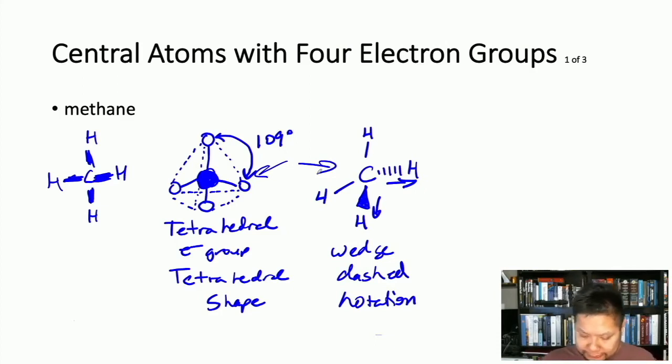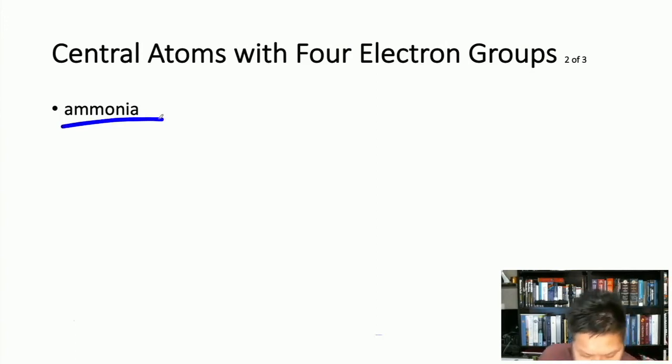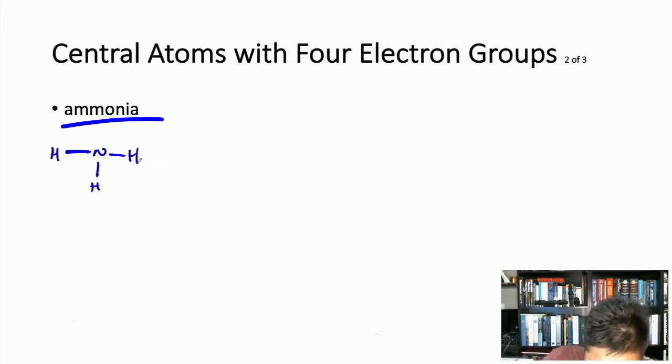Let's try another one of these central atoms with 4 electron groups. Now we're going to do ammonia, and you remember ammonia from the previous slides, right? Let's draw its Lewis structure first. NH3, right? With a lone pair at the top. Are we following the VSEPR theory here? No, they're pretty close to each other. So again, this is one of those times when you're going to have to draw, just for demonstration purposes here, a ball and stick in 3D.